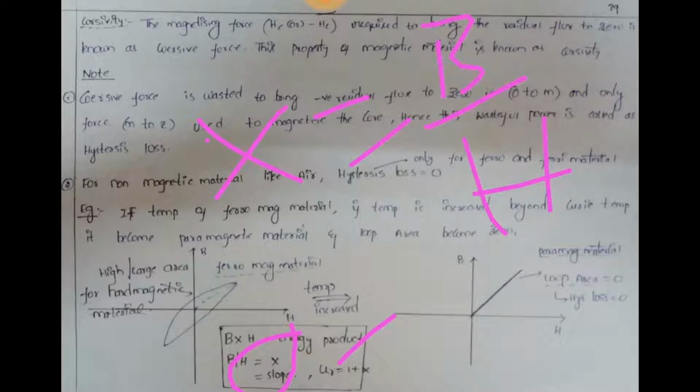One more point you note here: all superconductors are diamagnetic material, and the value of mu r for a superconductor is 0, and the value of zeta is negative for diamagnetic material. All superconductors are pure diamagnetic material. If you take a gold, ladies will know about this very much.